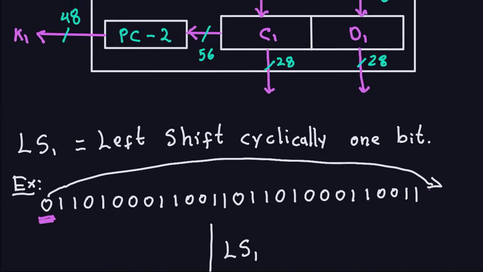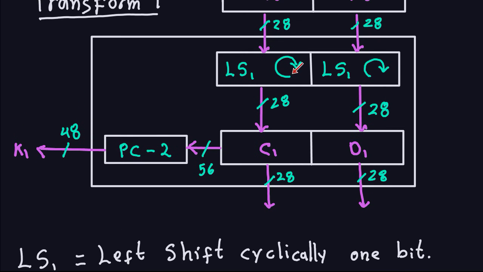So that's what this part is doing. The left shift shifts those 28 bits cyclically, and of course you get 28 bits again, because we are not changing the number of bits. That's how we get this block here. Because this is transform 1, this block is going to be the input of the next transform, and the next transform is going to do something similar to this one.